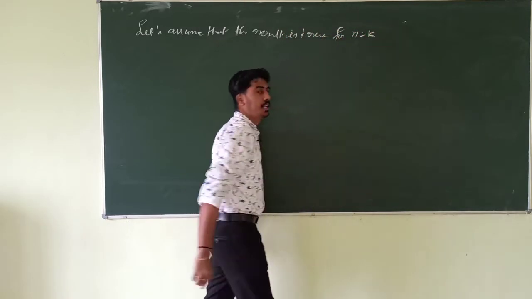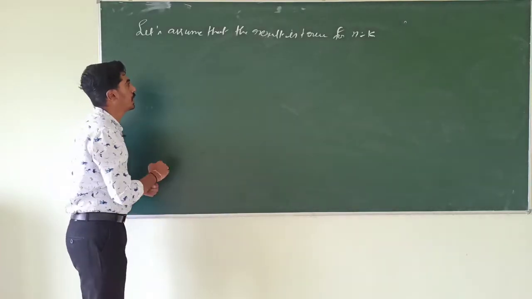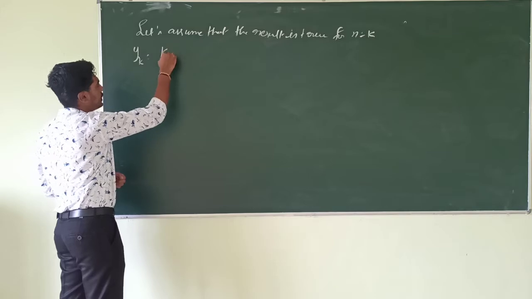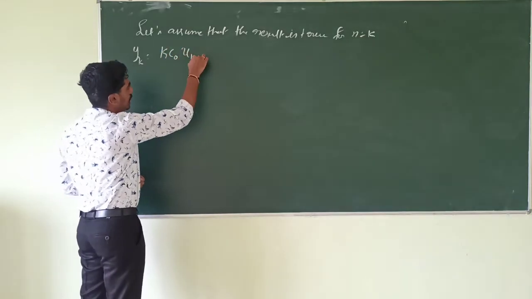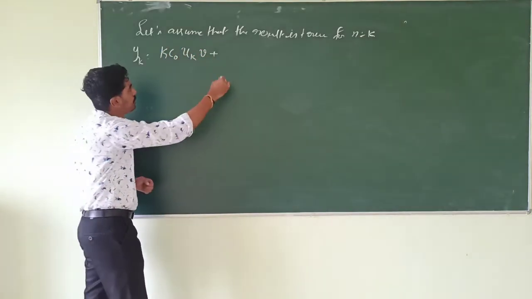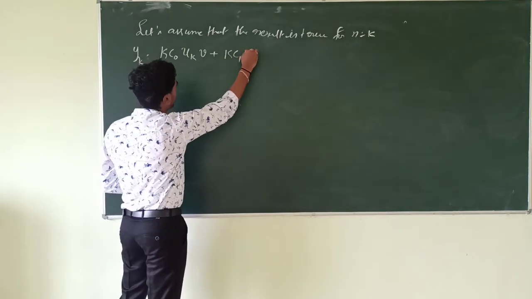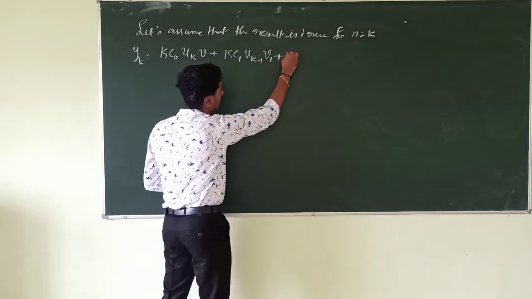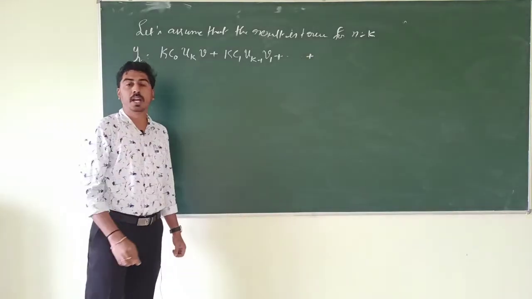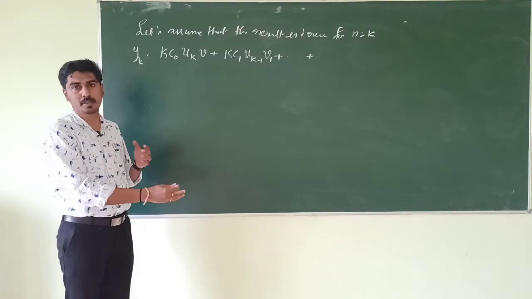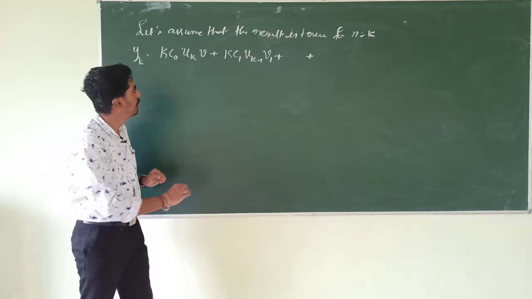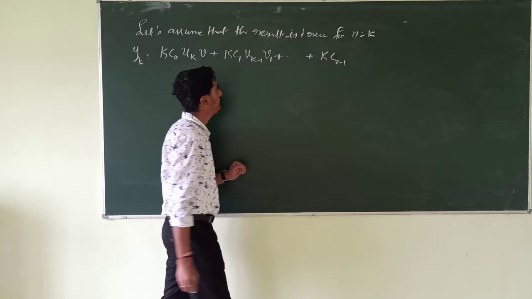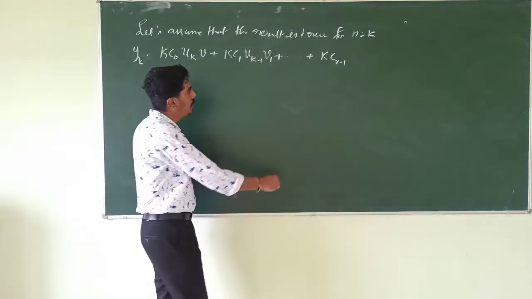So what we get? yk is equal to kC0 uk v plus kC1 uk minus 1 v1 plus and so on. I am going to write a general term in the middle of the expansion, kC(r minus 1) u.